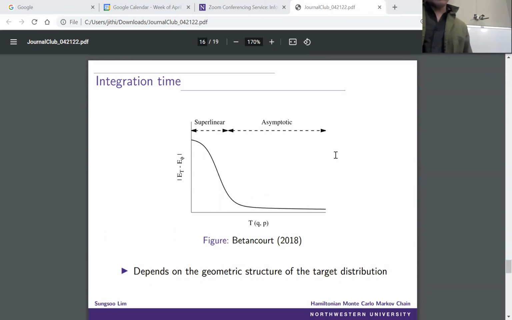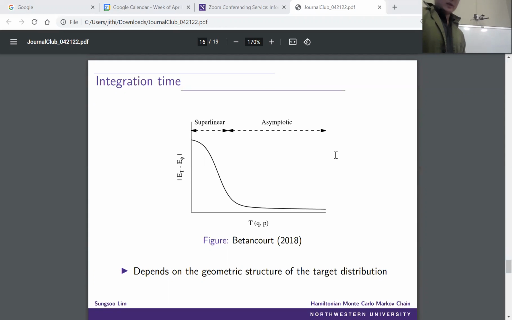Another parameter that people want to optimize is the integration time. In the figure, E of t is the temporal average along one trajectory, E of phi is the expected spatial value, and t is the integration time.